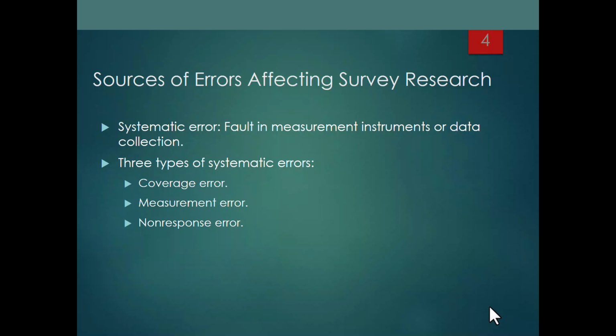So for example, if there are 10 questions on a survey, but people only filled out 7 or some only filled out 5, those questions that were not answered will also create a non-response error. To decrease this error, we need to follow up with those who did not respond.